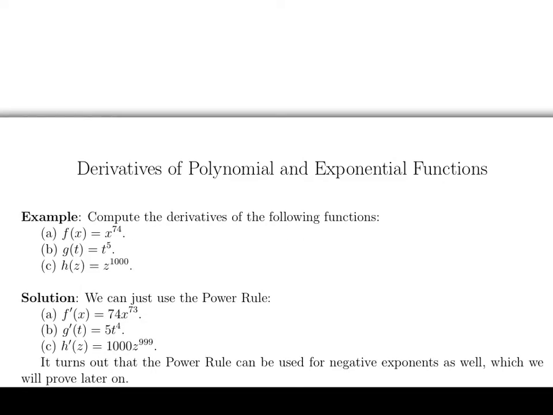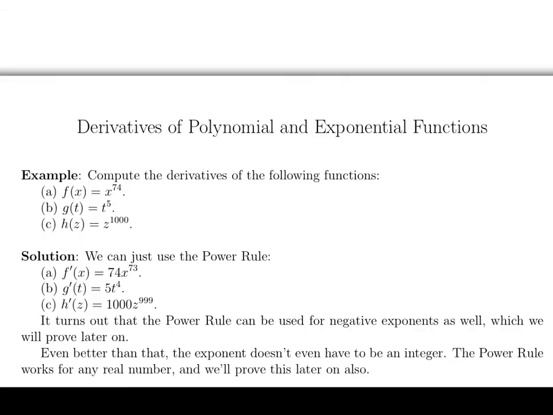Now as it turns out, you can actually use the power rule for negative exponents, and we'll prove that later on. The really great part is that the exponent actually doesn't even have to be an integer. The power rule works for any real number, and this is also something that we're going to prove later on. So let's restate the power rule, and we'll call it the general power rule, although I'm not really going to call it that.